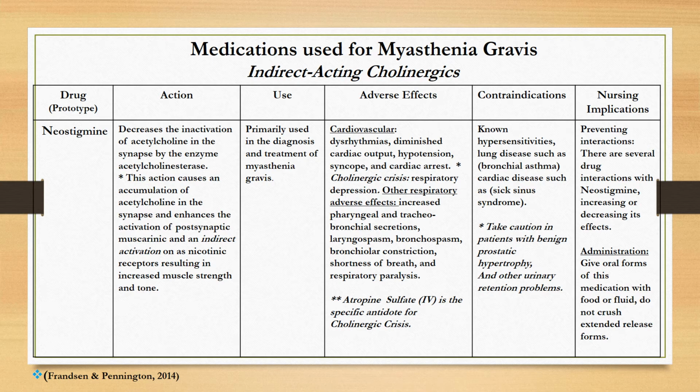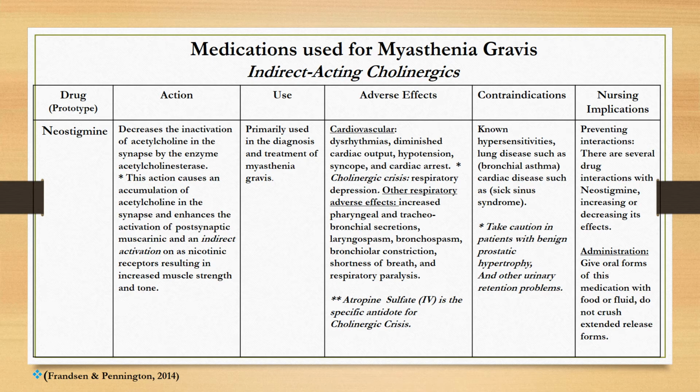Now, adverse effects of these medications, you've got to think about what's going on with the parasympathetic nervous system. When the parasympathetic nervous system is activated, we know that it can affect the heart rate. It can drop the heart rate. We know that it constricts the bronchial tubes. It can constrict the bladder.